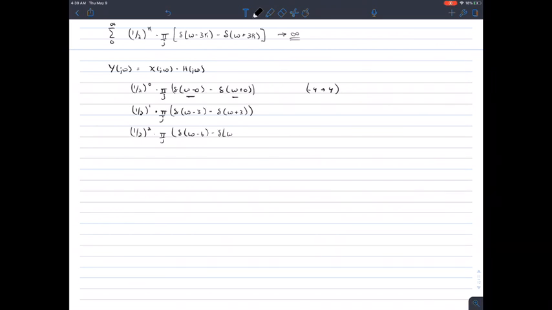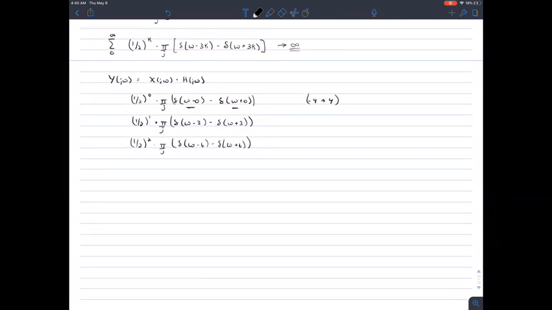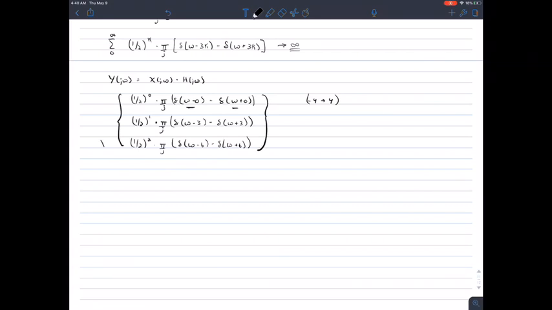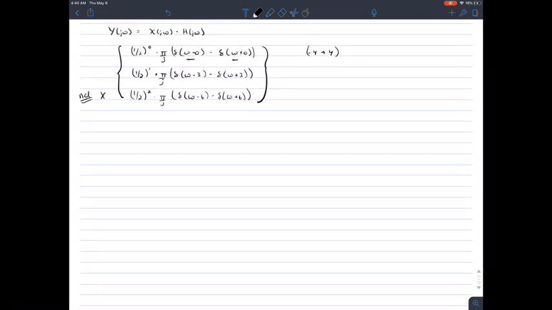And immediately you can tell that this is not going to be defined at the same points as H of j omega is defined, so it's just going to be equal to 0. Okay? So this is not defined.